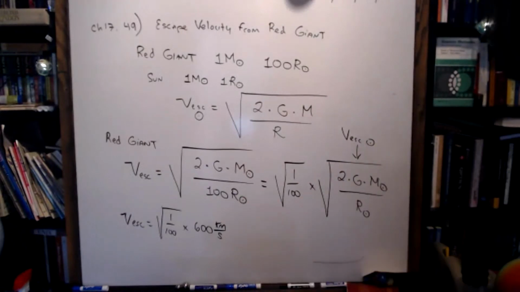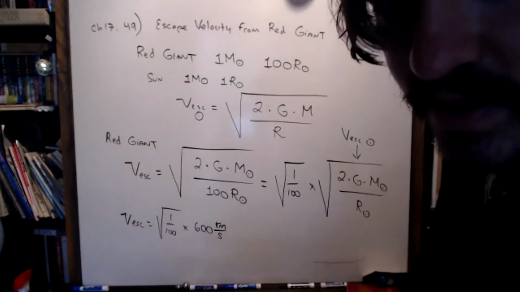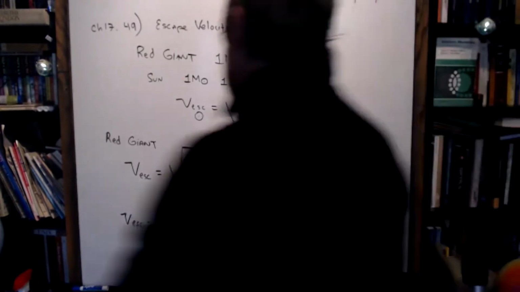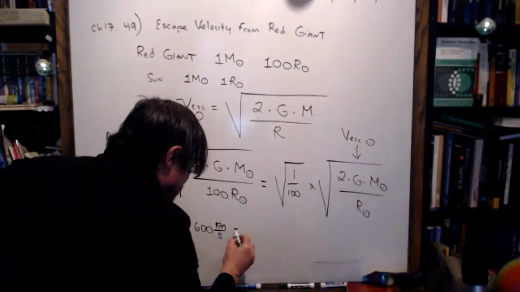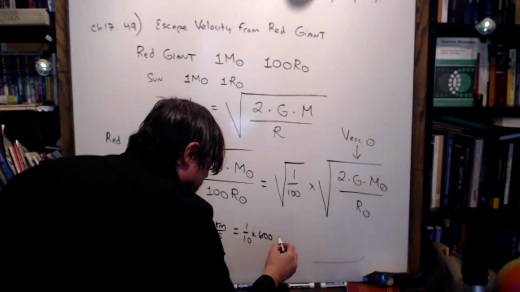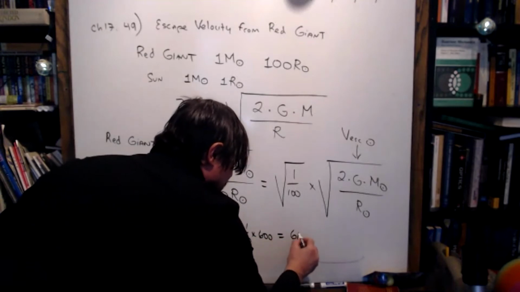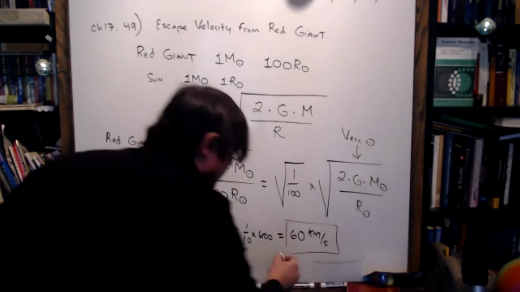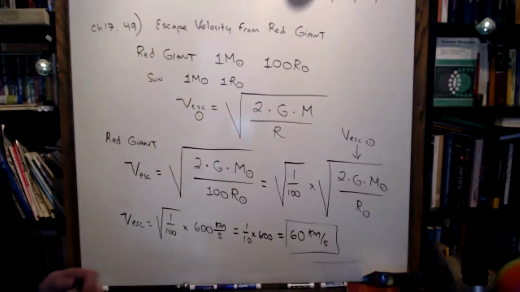Jesus, that 100 is on the bottom. What's the square root of 100? It's going to be 60 kilometers per second. Yeah, this becomes 1/10 times 600, or 60 kilometers per second. We see that Kevin's intuition was correct.